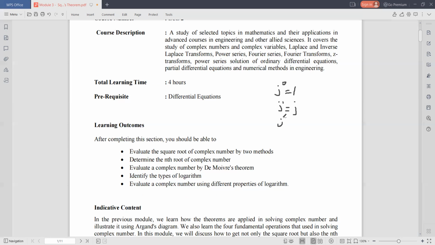So ilang value natin? Platon nga j raised to 2. With the use of exponent rule, this will become -1.